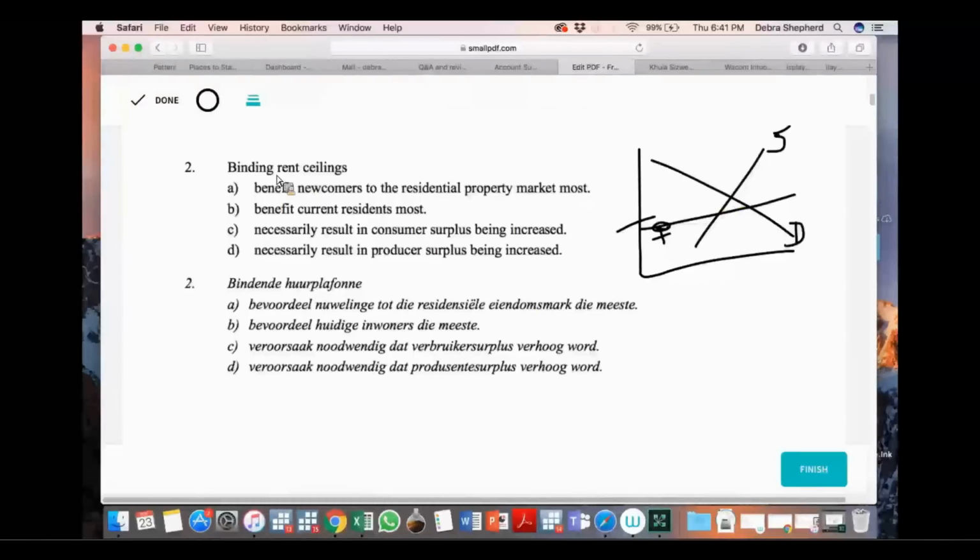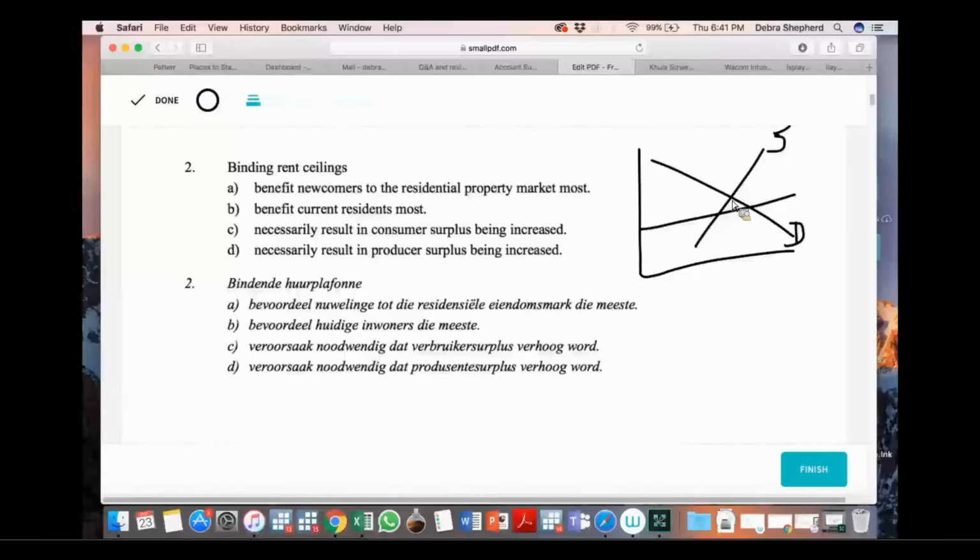Okay, so a binding rent ceiling benefits newcomers to the residential property market most, benefits current residents most, necessarily results in consumer surplus being increased, or necessarily results in producer surplus being increased.